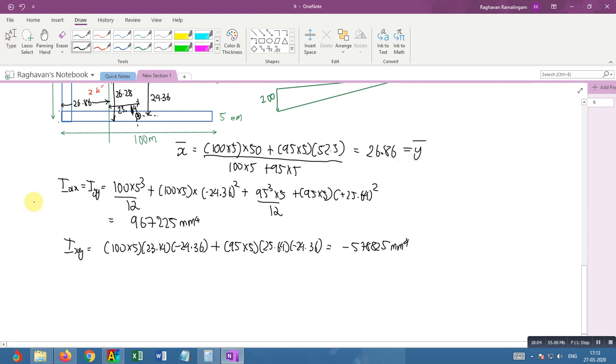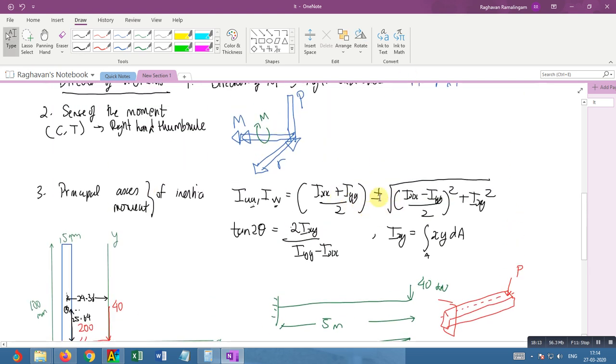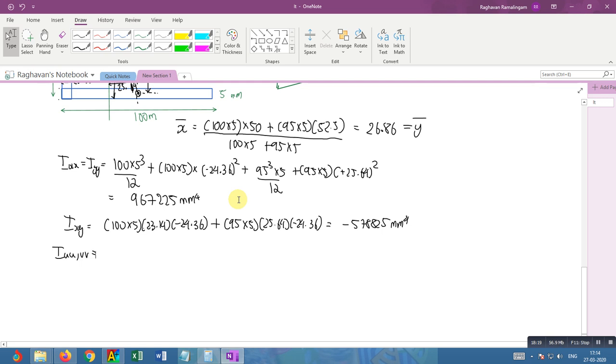The next job is to find my principal moments of inertia, IUU and IVV. So use this formula, substitute the values of Ixx, Iyy and Ixy. You add it, you get IUU, you subtract it, you get IVV. Okay, just make the substitution.